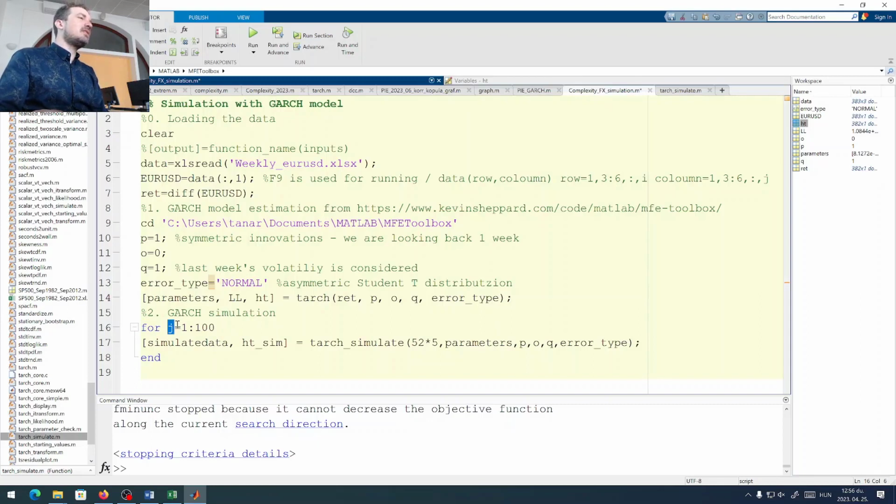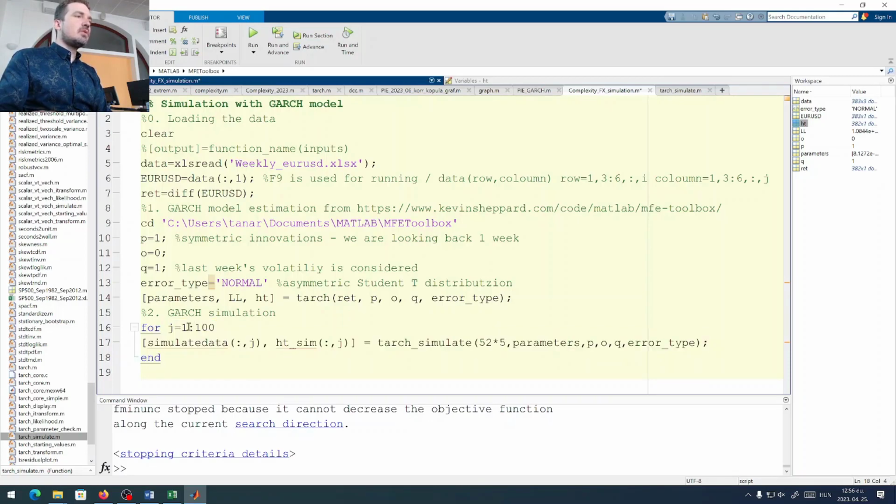You define a variable which takes a value within a range. Right now we need 100 simulations, so we start with 1 and it increases gradually until it reaches 100. Then we just save the outputs. I'm only interested in the simulated data. We can also collect the simulated volatility, but that is not so important.